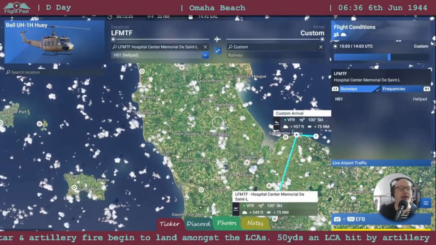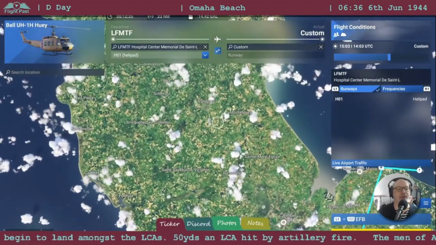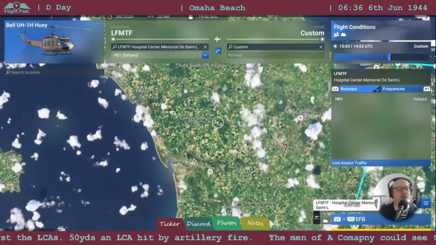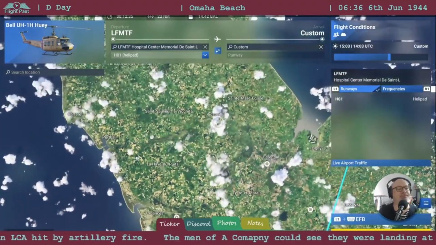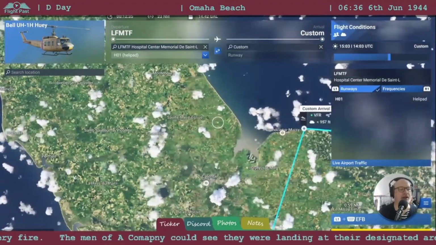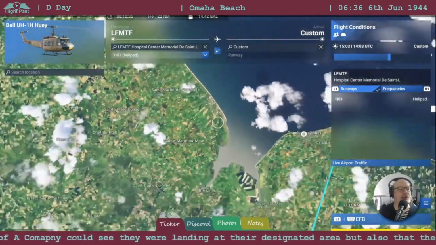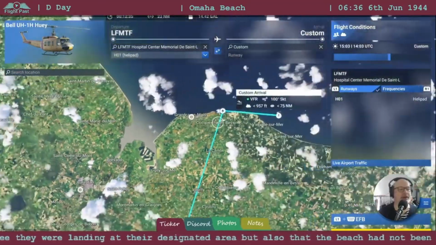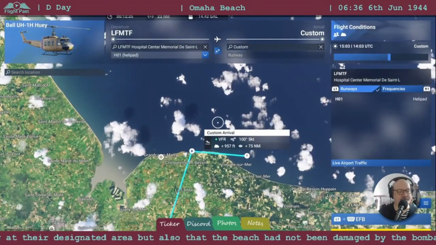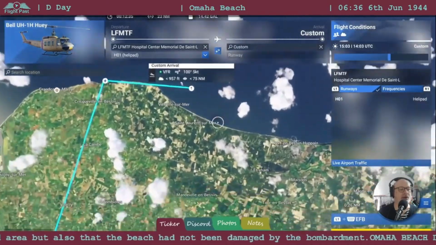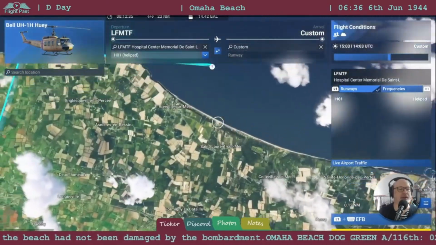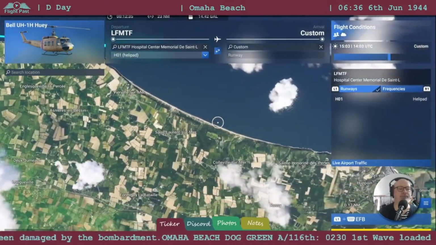We looked at the operations of the 82nd Airborne and the 101st Airborne, and we've looked at Omaha Beach, and in the last stream we did an orientation flight along the beach of Omaha.